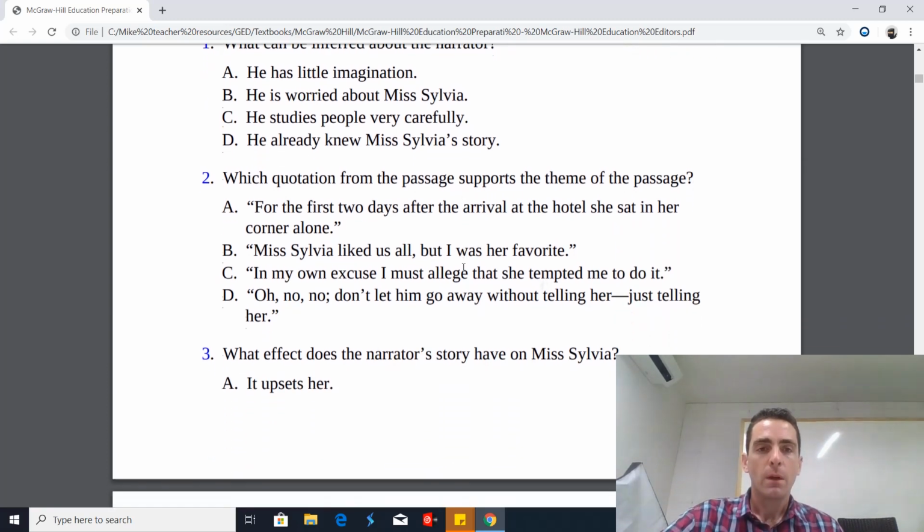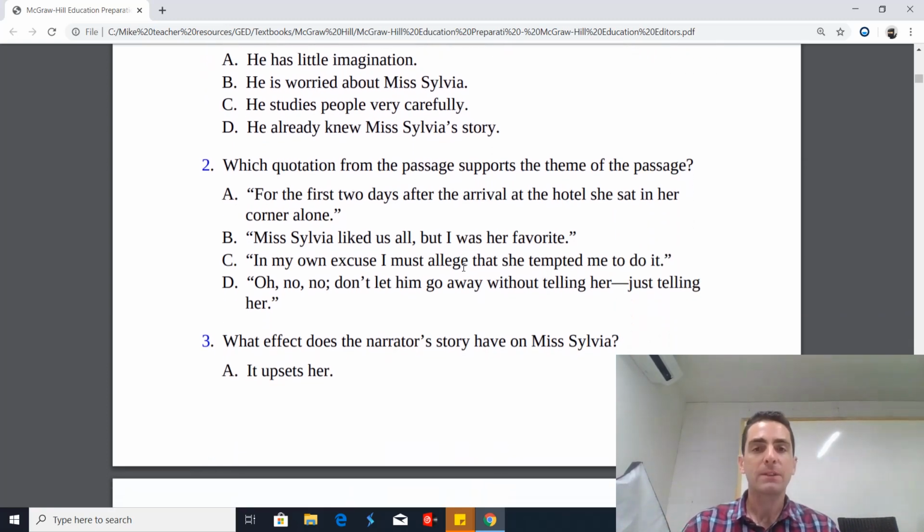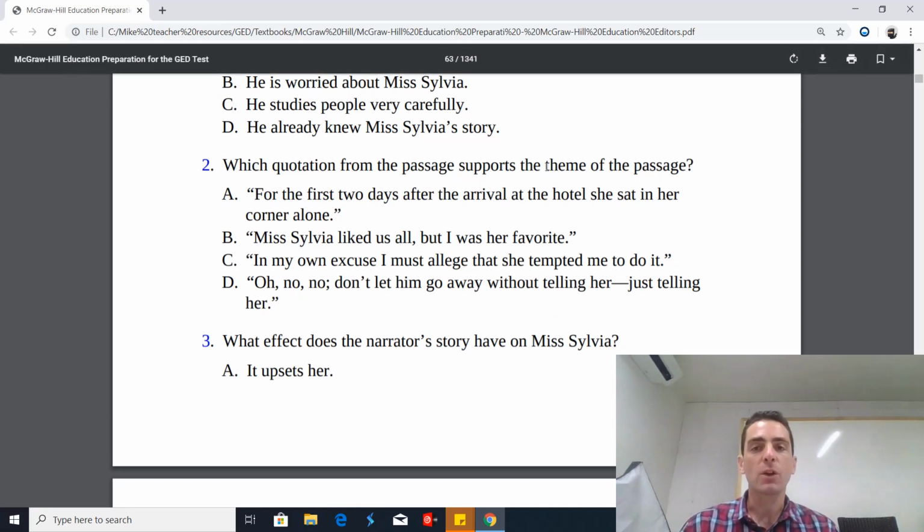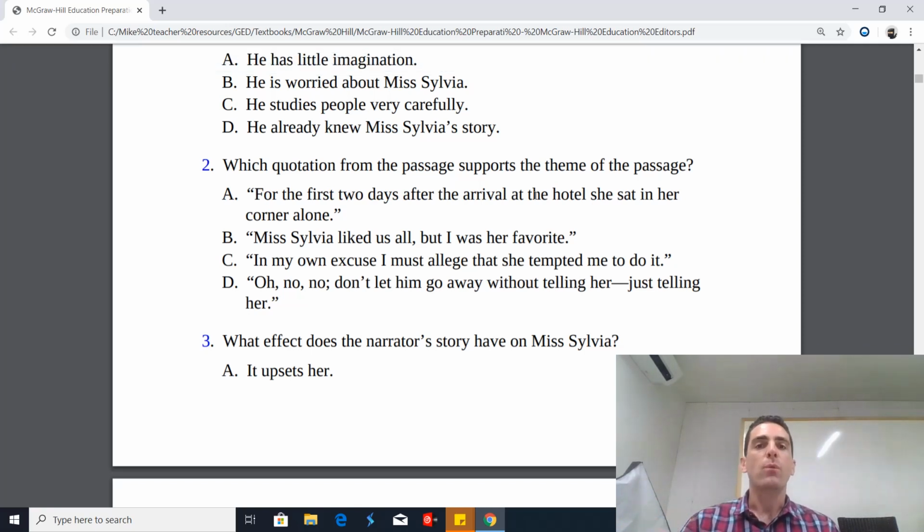2, which quotation from the passage supports the theme of the passage? Okay, so you need to understand here what the theme is. The theme is like an overall idea of what this story is about. Themes are often kind of lofty ideas. The theme could be about becoming a man, leaving childhood and becoming a man.